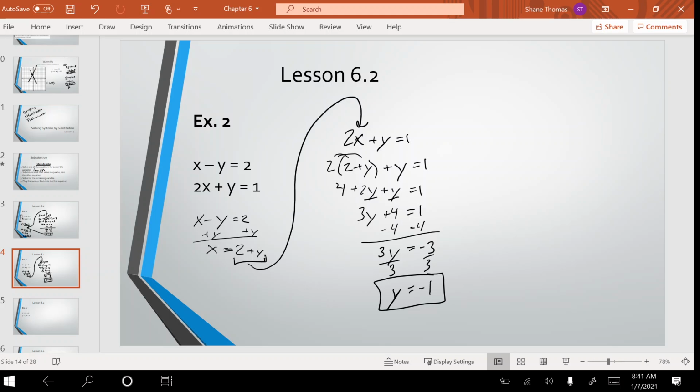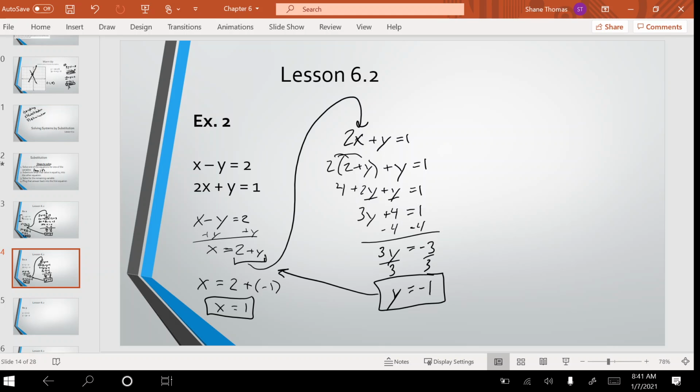All right, I got my first answer. Put it back in the box. X equals 2 plus y. Well, I just found that y is negative 1. So 2 minus 1 is going to be 1. Boom. X equals positive 1.